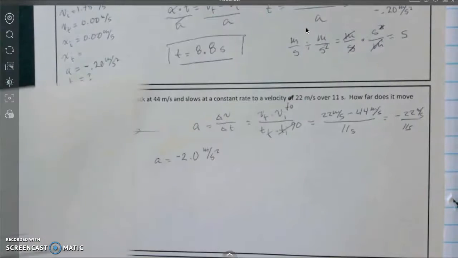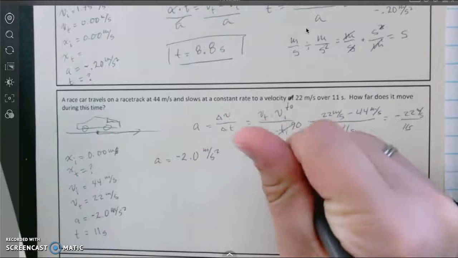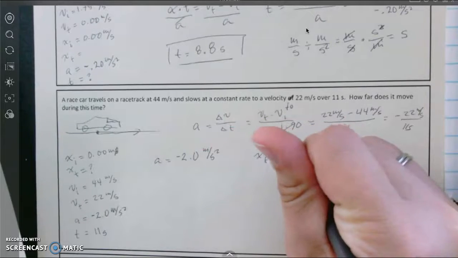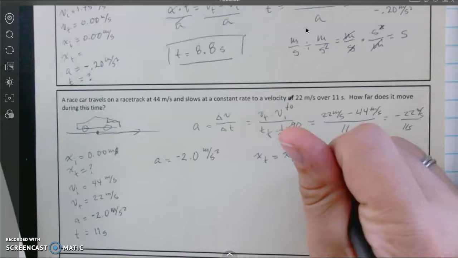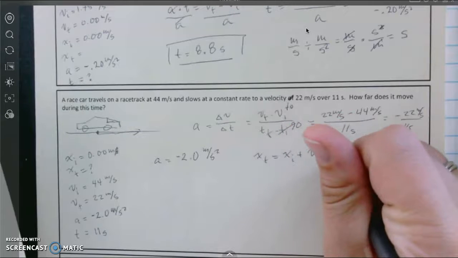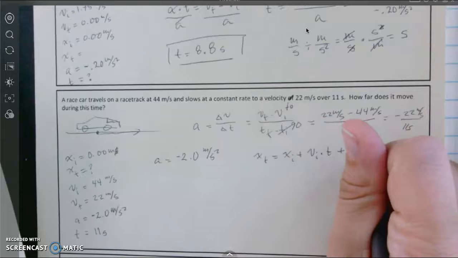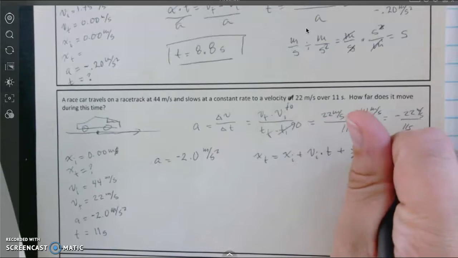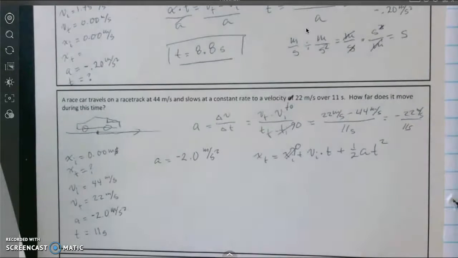So x final is equal to x initial plus velocity initial times t plus 1/2 times acceleration times t squared. x initial is 0. x final is what we're solving for.